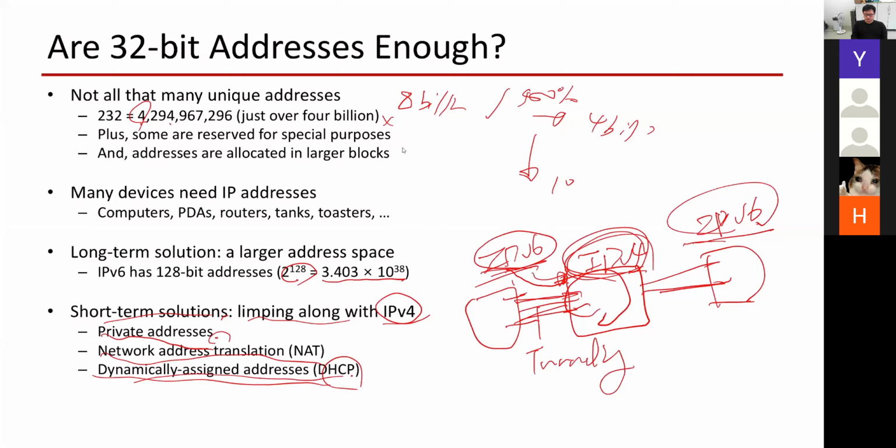And DHCP means, I only have one IP out of 4 billion, and from there I maintain roughly. So I only have one IP, but I can maintain about 1 million devices.